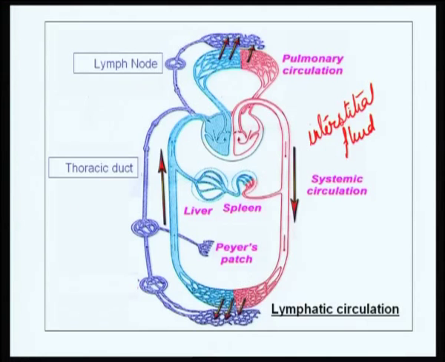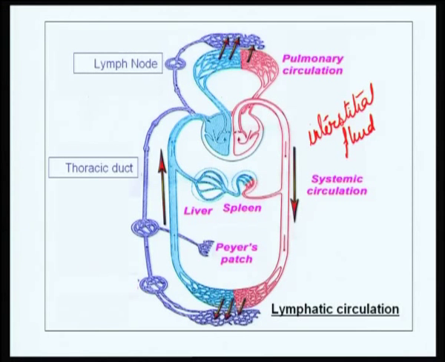This virus antigen is what is collected in this interstitial fluid that is draining these spaces. Not only that, various cells that are migrating from different parts of the body, especially lymphoid cells, also drain into the thoracic duct.